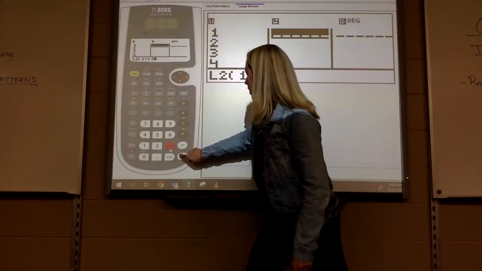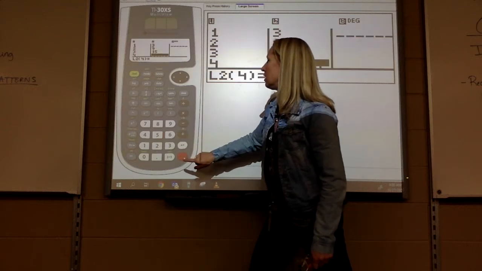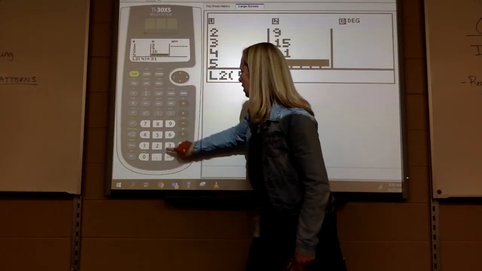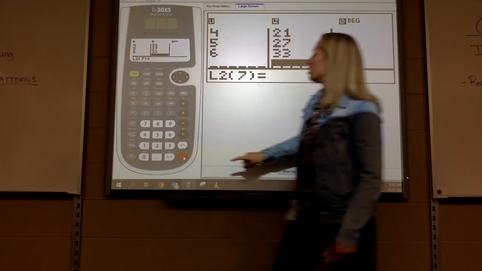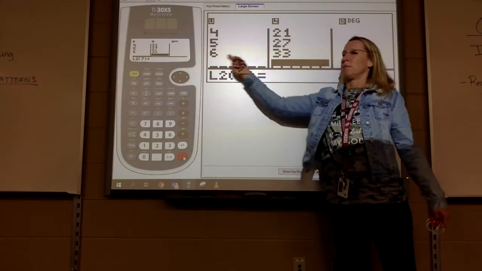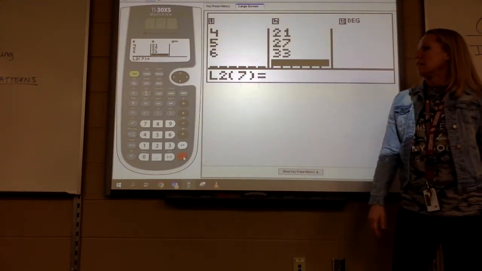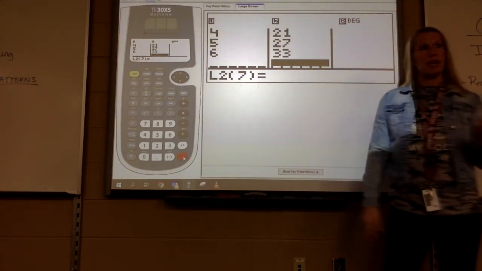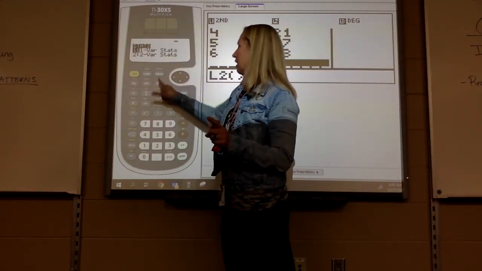Okay, 3, 9, 15. What's after 15? 21. And 33. Thank you. You want to make sure that these last two line up. Once you have the lists, you hit second, and then what do I hit? Data again.